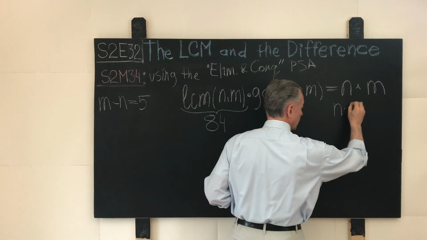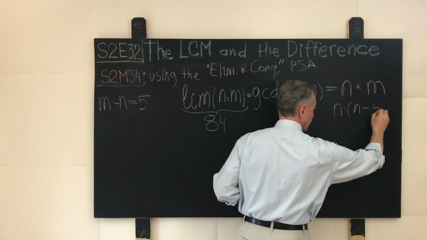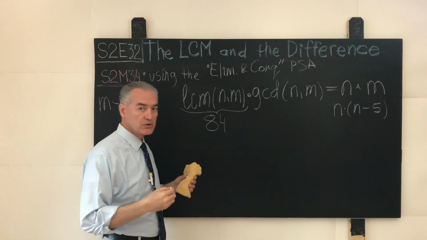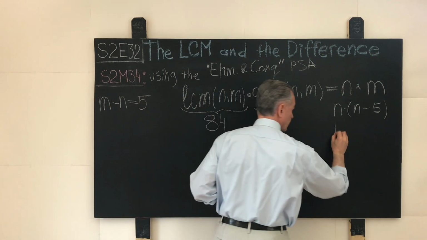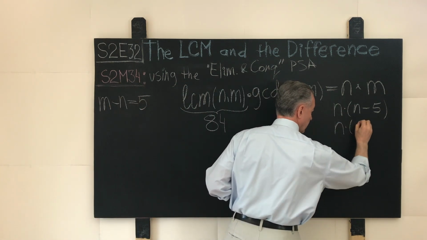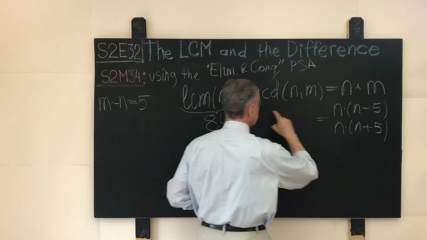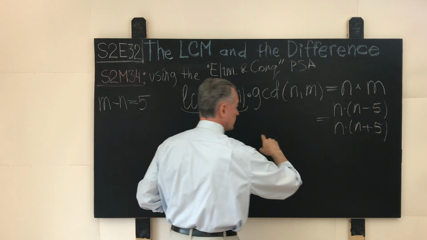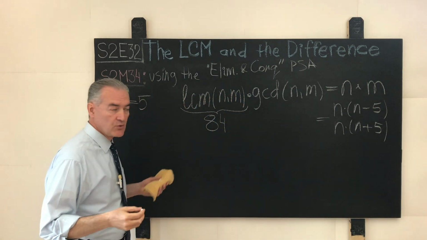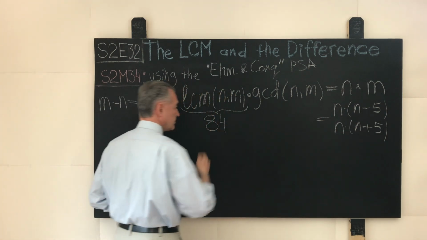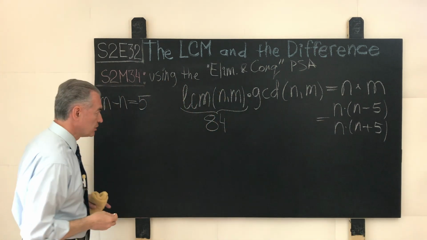So in this case we will multiply n by what? By n minus 5. And in the second case we'll say that the number n is smaller than its buddy, in which case we will multiply n by what? n plus 5. And if we can say something meaningful about the greatest common divisor of these two numbers, then we're home free. Two equations that are quadratic in n, the number here is known, and we're home free.